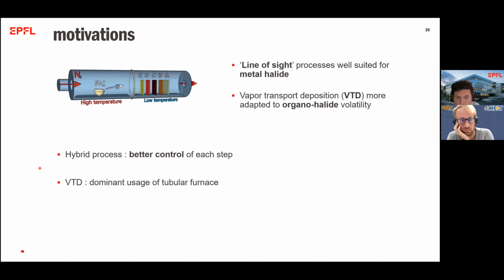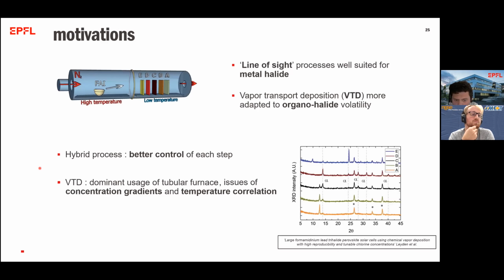Yeah, so we will use a concept that is very similar to a tube furnace. The problem with tube furnaces is, of course, that there's a rather big concentration gradient. You can see here one of the first papers, I think it's from 2015, where they used vapor transport. And you have different situations, even across only a few centimeters.